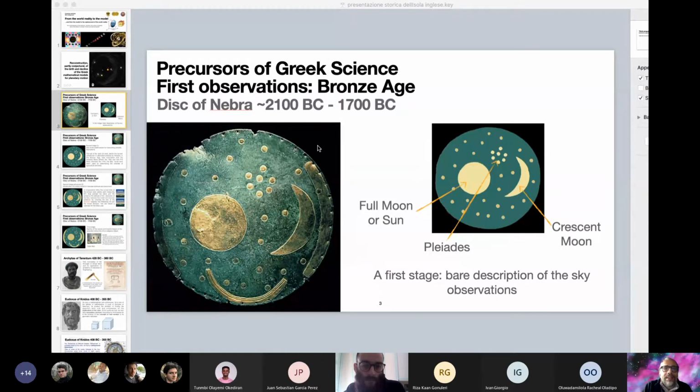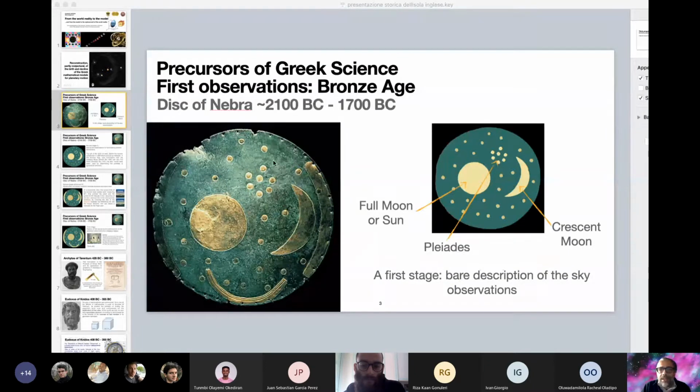By the way, in Nebra, a place in Germany outside the Roman Empire, 2000 years before Christ, they produced this disk.